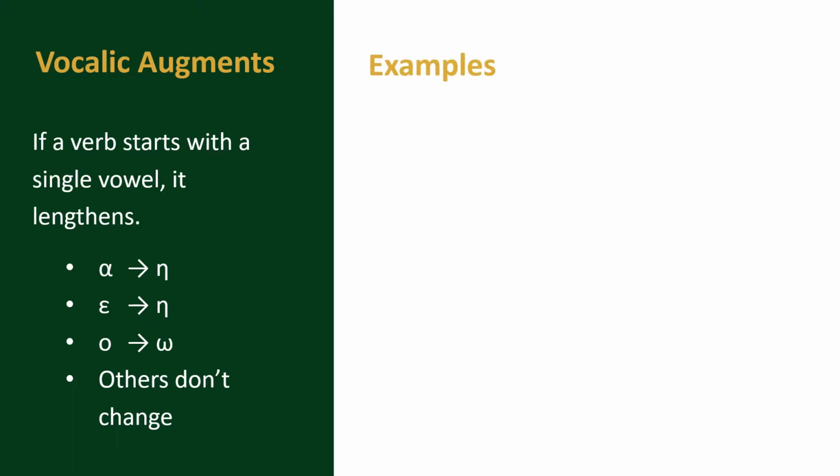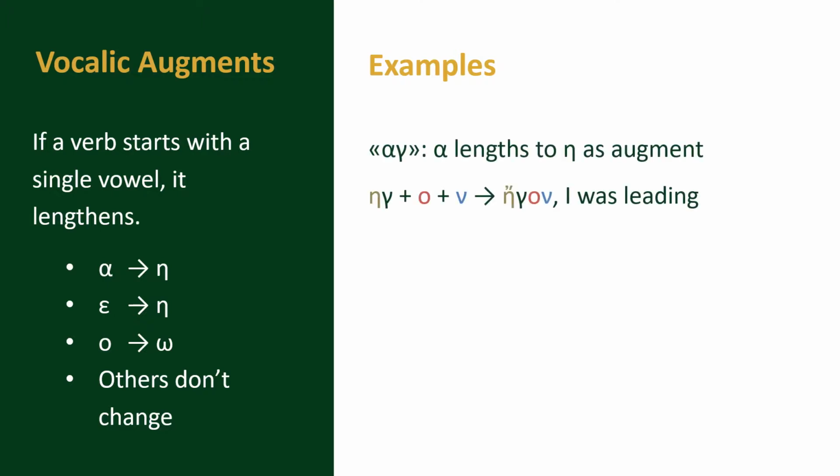Let us look at a simple example in each category. Firstly, working from the verb ago, I lead, the stem is ag. It begins with alpha, which lengthens to eta as an augment. Thus we get ēg plus the connecting vowel omicron plus the personal ending, for example, n, would give us ēgon, I was leading.